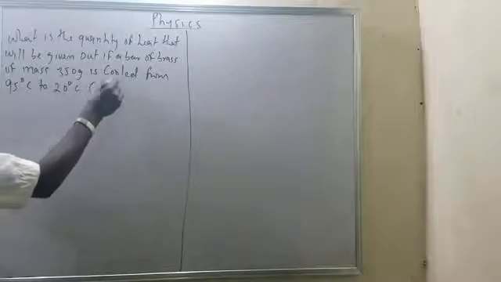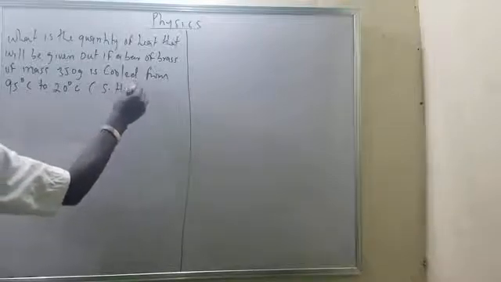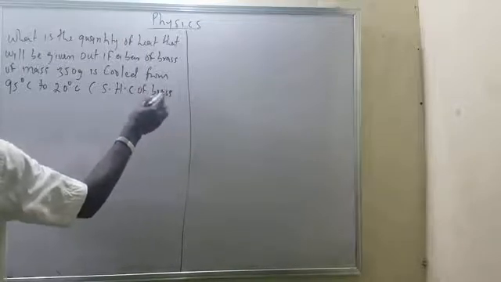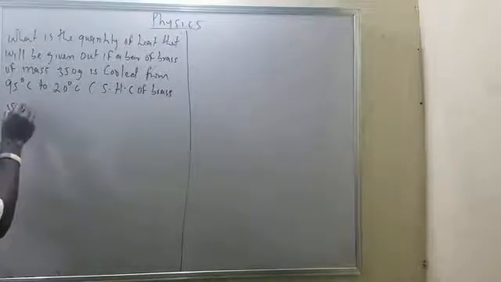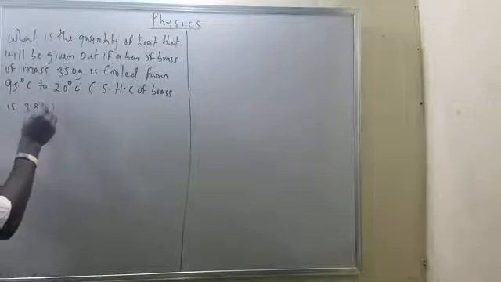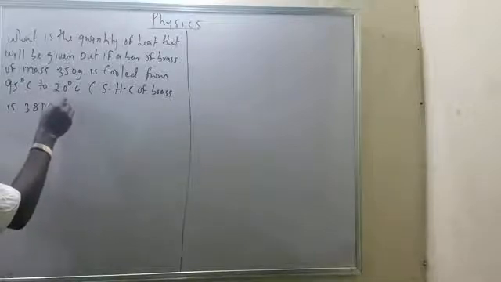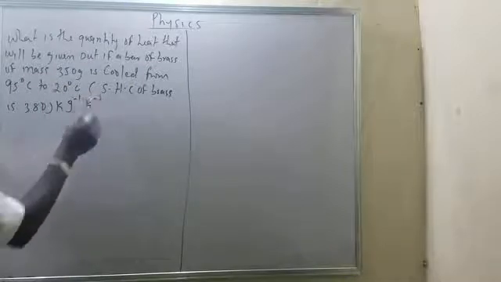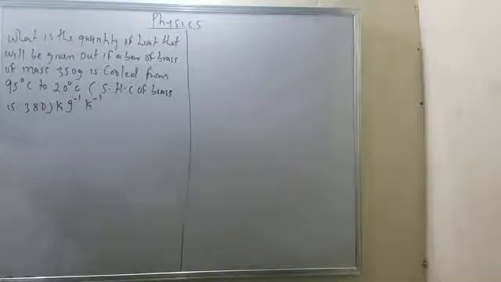The specific heat capacity of brass is 380 joule per kilogram per Kelvin.